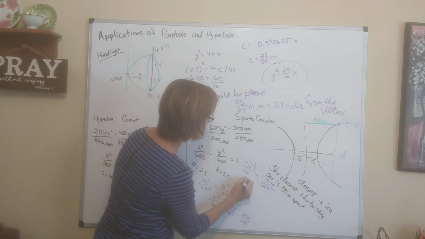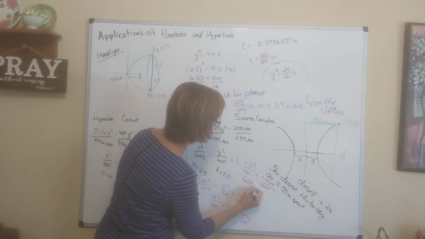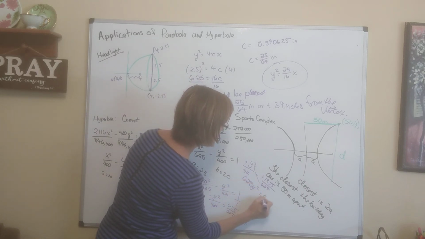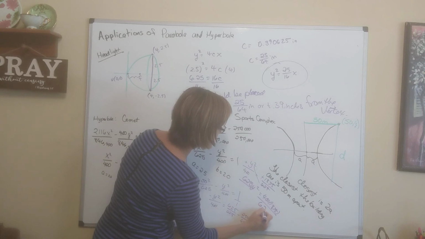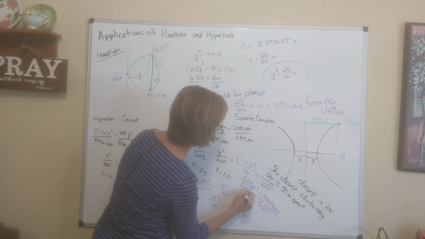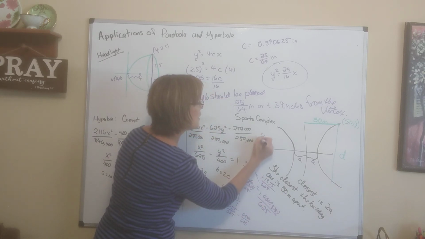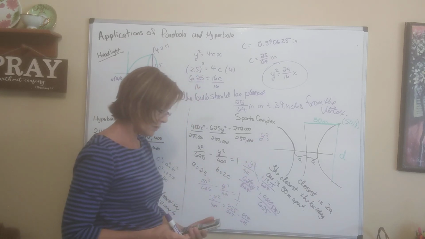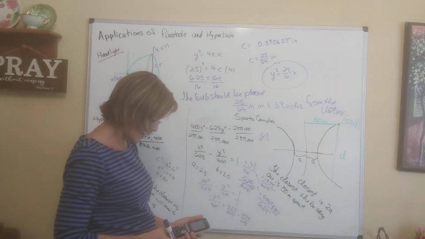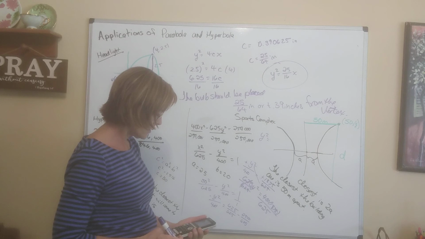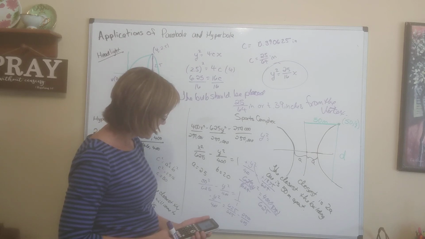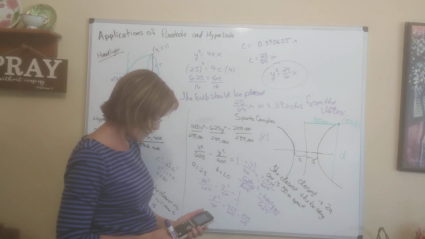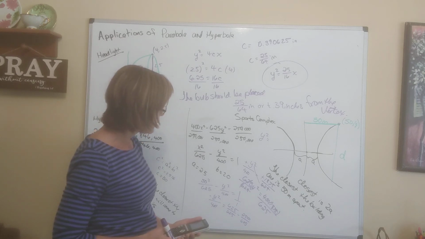I'm going to cross multiply and say 625 times y squared is equal to 400 times 1875. Then I'm going to solve for y squared by dividing by 625. And I get that y squared is equal to 1875 times 400 divided by 625, which is 1200.